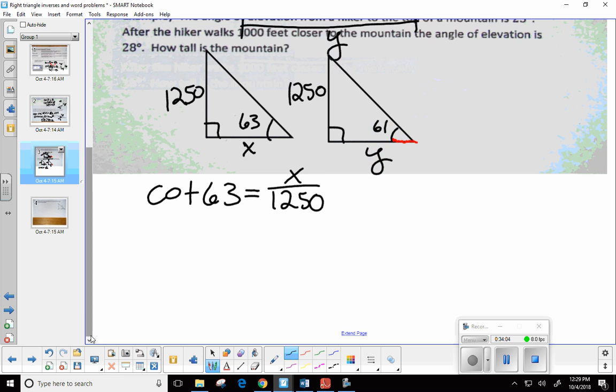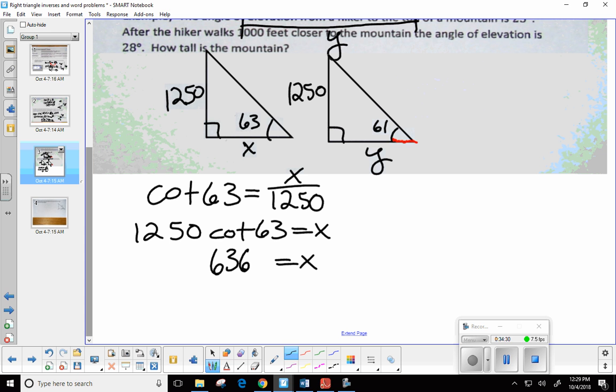Then we multiply it out: 1250 cotangent 63 equals X. Can somebody plug that in and tell me what it is? 636.9, right? Okay. Awesome. So that's our X.